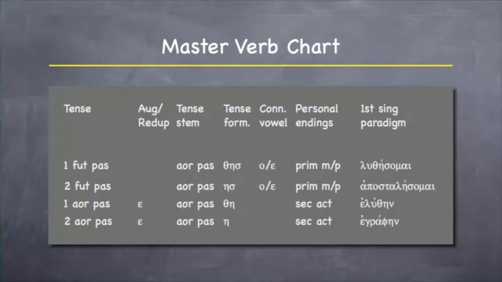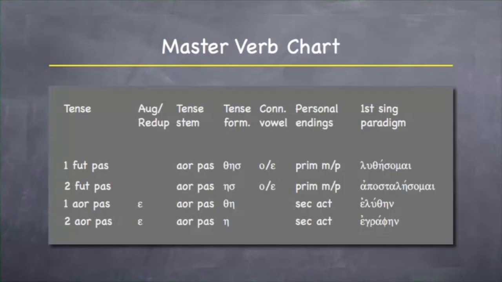The second future passive is also an unaugmented aorist passive tense stem. Tense formative is eta, sigma, connecting vowel, primary, middle, passive personal endings. And you end up with apostolesomai. The first aorist passive is formed with an augmented aorist passive tense stem.